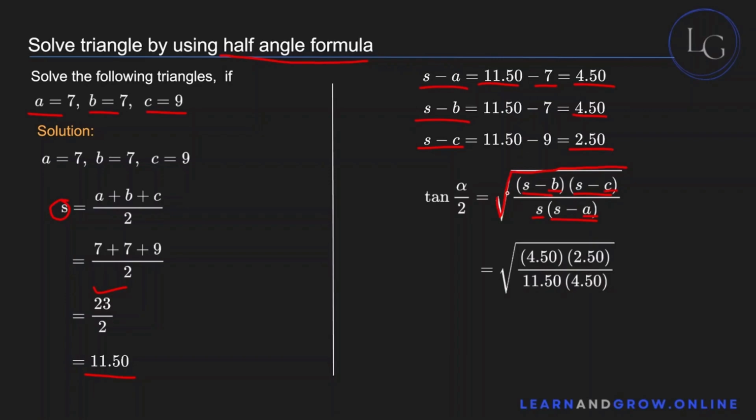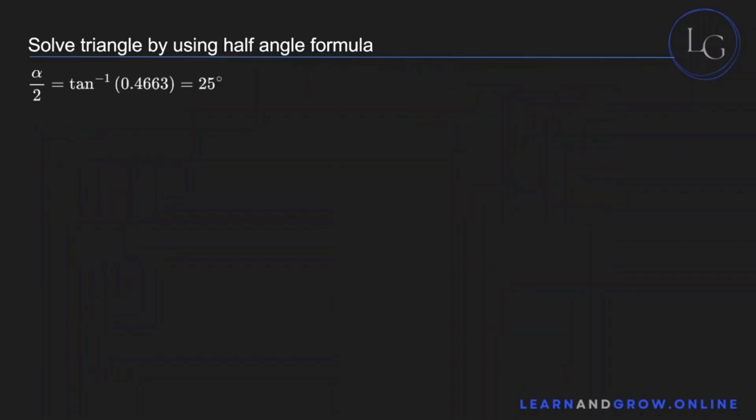So you replace those values, you already found out all of these values, and basically you get 0.4663. Now take the tangent inverse of this to get alpha by 2, which is 25 degrees, right? And alpha is obviously equal to 2 into 25, so 50 degrees.